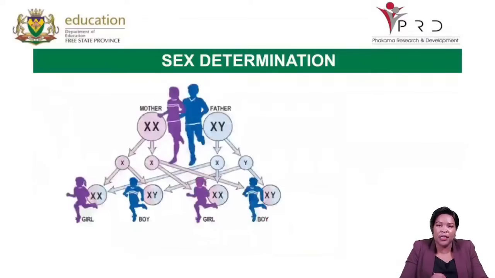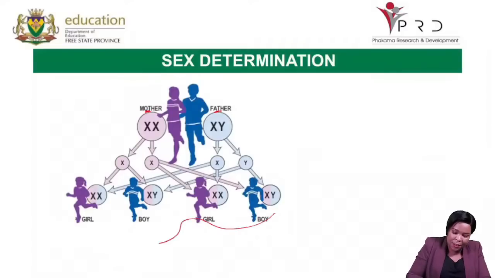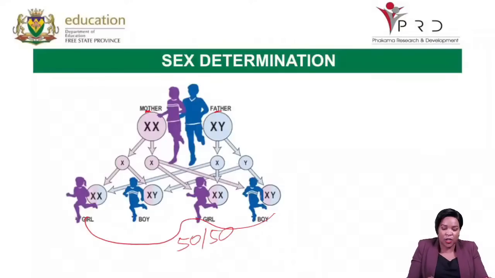Then sex determination. This is a given that you must know. It is a fact that every time you cross a mother with a father, there is a 50-50 chance of getting a male or a female child.